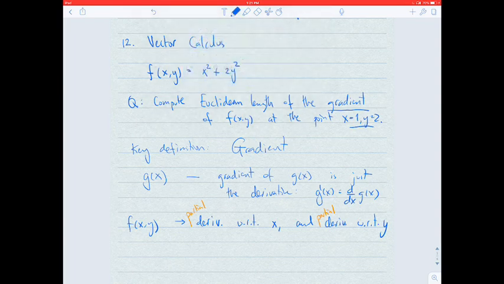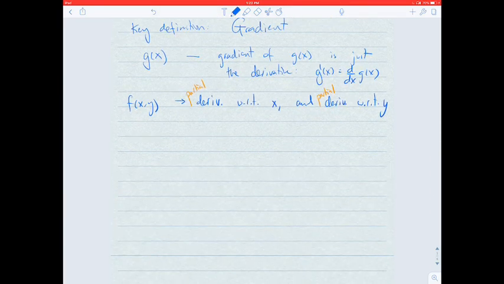So to use the notation, though it's again just the calculus rules are exactly the calculus rules you know, the derivative with respect to x is denoted like this. And it's obtained by treating y as a constant. So the derivative of our function, which remember is x squared plus 2y squared, is the derivative with respect to x of x squared, that's 2x, plus the derivative with respect to x of 2y squared, but y is a constant compared to x, so the derivative of a constant is 0.